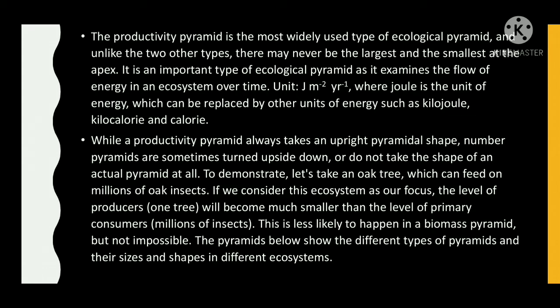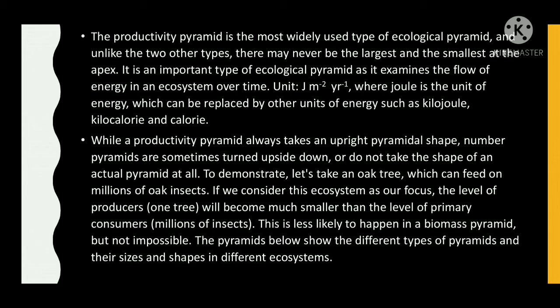While a productivity pyramid always takes an upright pyramidal shape, number pyramids are sometimes turned upside down and do not take the shape of an actual pyramid at all. To demonstrate, let's take an oak tree, which can feed millions of oak insects. If we consider this ecosystem as our focus, the level of producers, one tree, will become much smaller than the level of primary consumers, millions of insects.